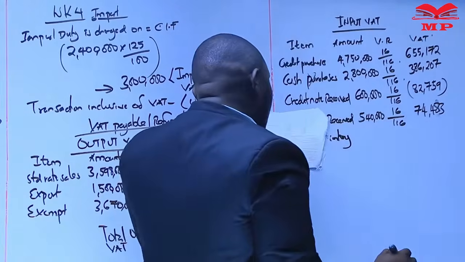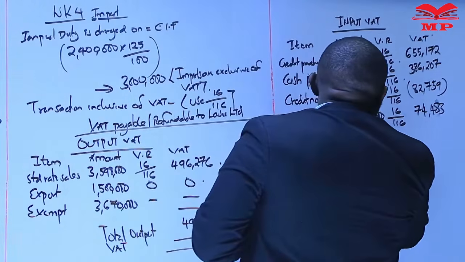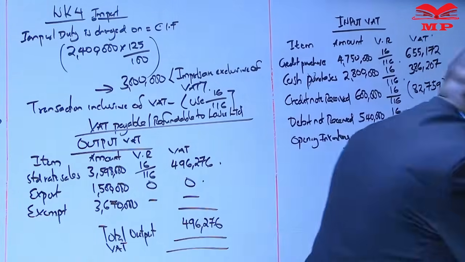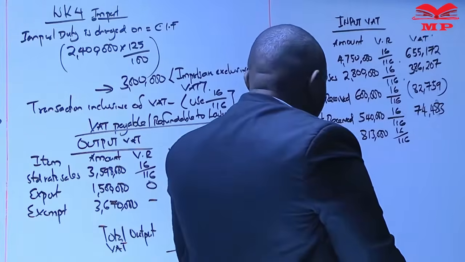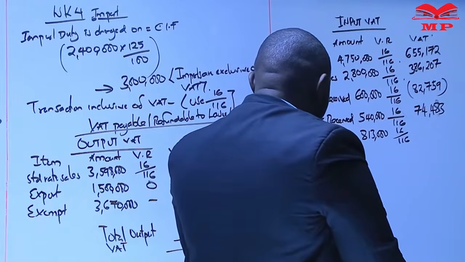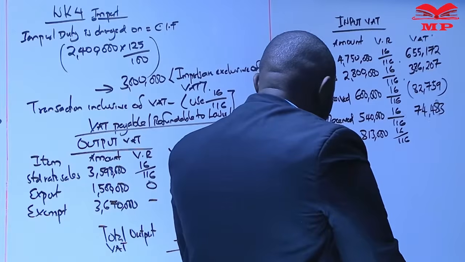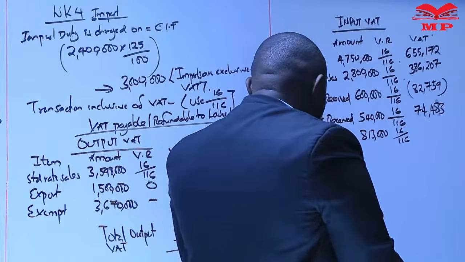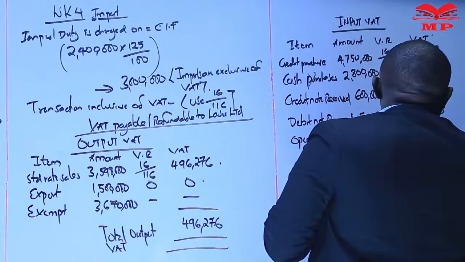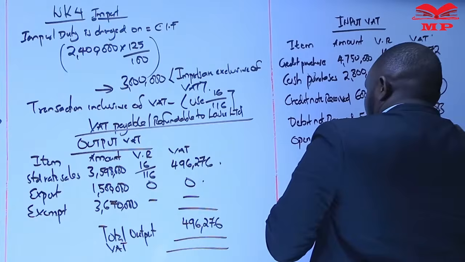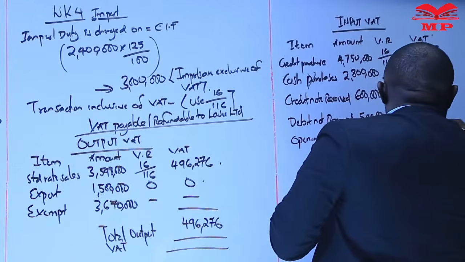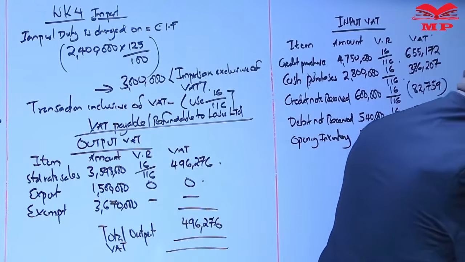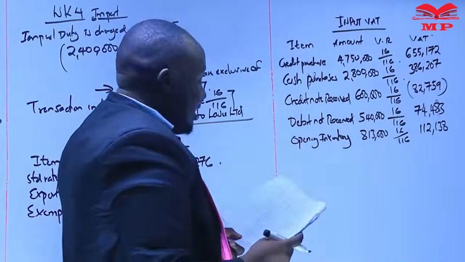So the opening inventory was a figure of 813,000 times 16 over 116. So that should be a figure of 112,138.